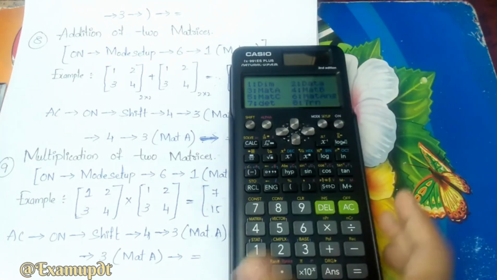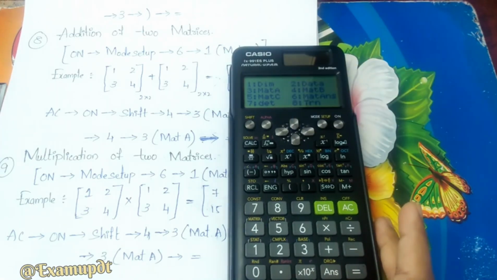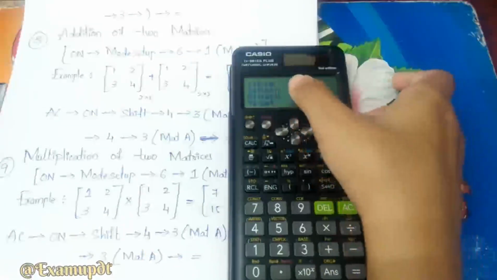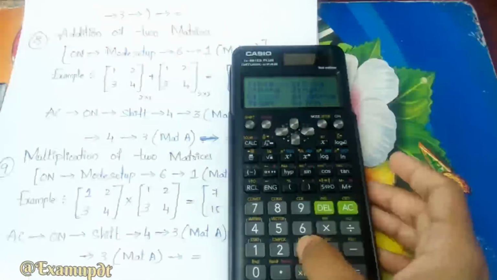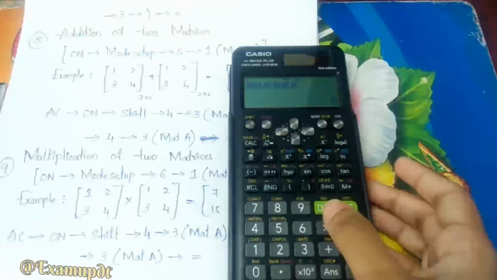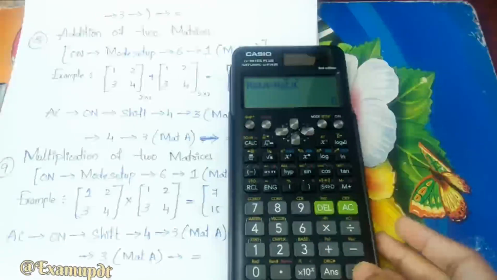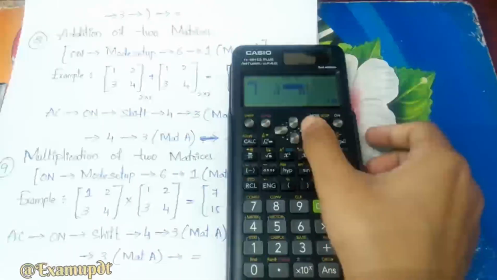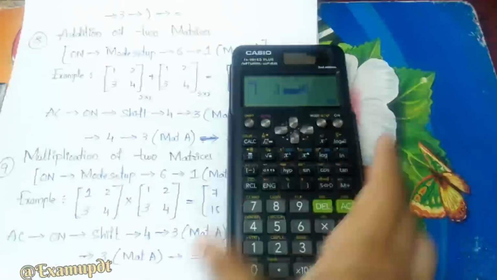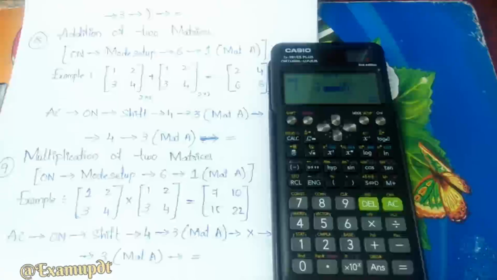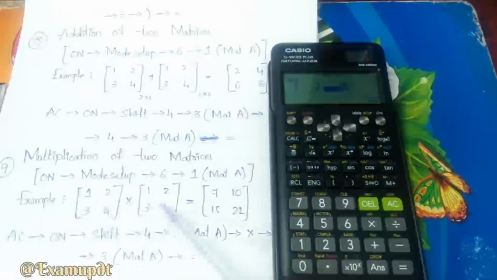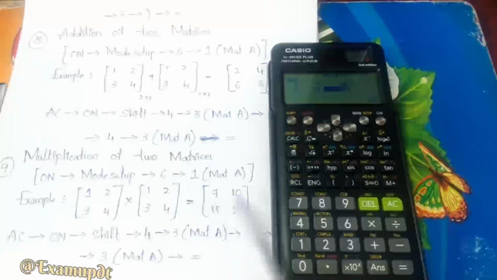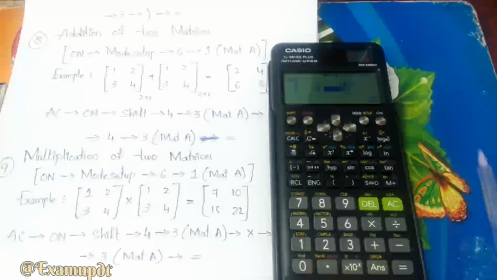First I am multiplying matrix A into matrix A. So for the second matrix I am taking 3, which is also matrix A. Now equals to. After that we get some values, that is 7, 10, 15 and 22. So this is the multiplication of matrix A into matrix A, which gives the resultant matrix with the elements 7, 10, 15 and 22.